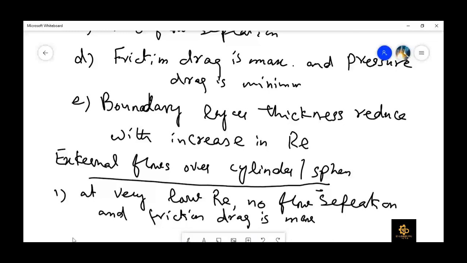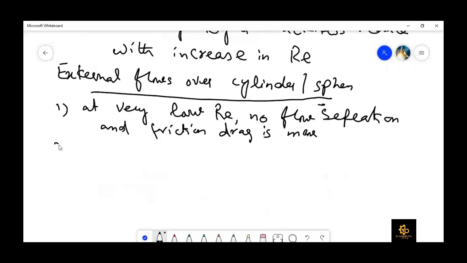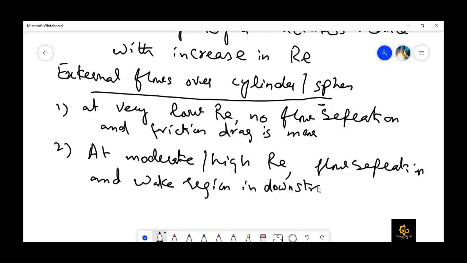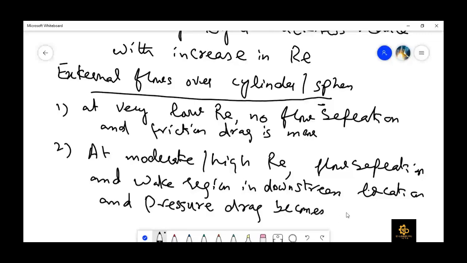Then at moderate to high Reynolds number, there is flow separation and a wake region in the downstream location, and pressure drag becomes dominant.